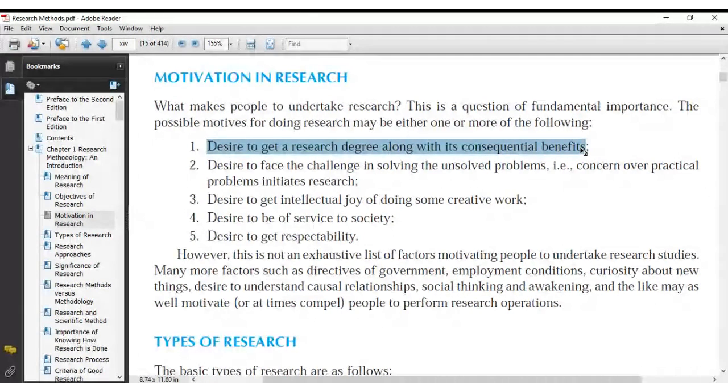So the desire to get a research degree. Sometimes, if you have ever looked at these projects that are written by your fellow students, they normally write on the cover page, "Research project done in partial fulfillment for the award of a diploma in information technology by ZTech University."